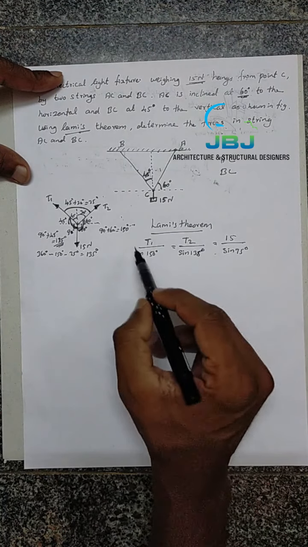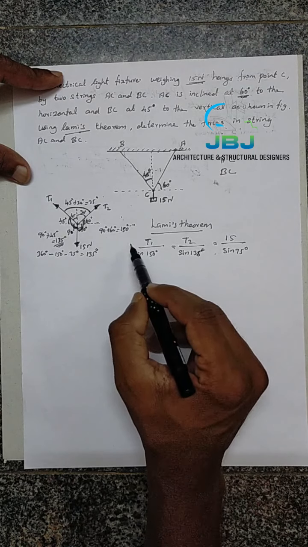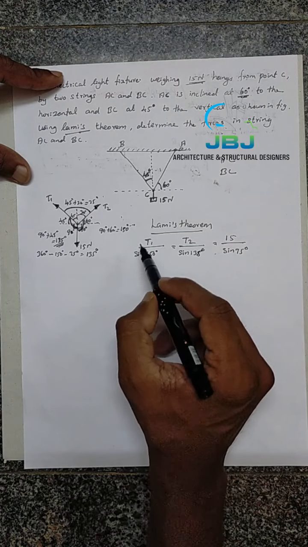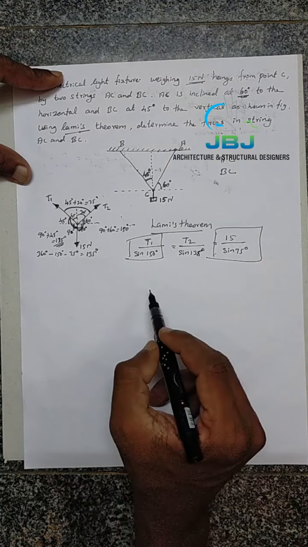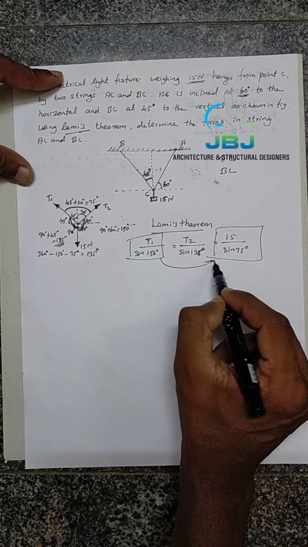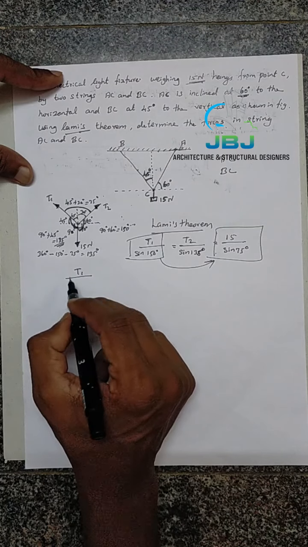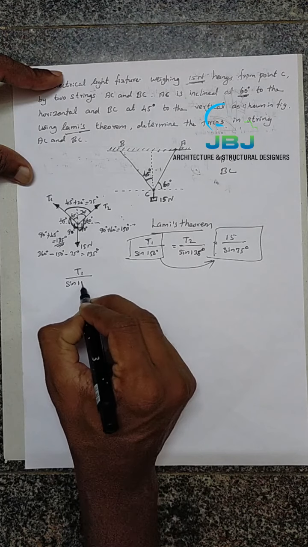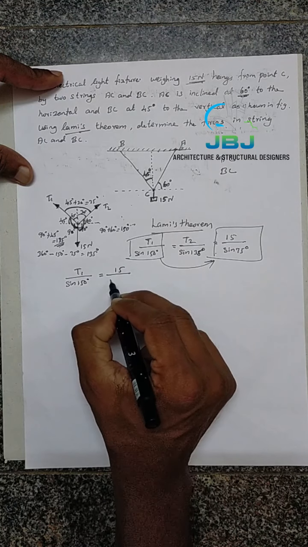Okay, then take any two terms. There are three terms here, right? First of all, take any two terms, one unknown value and one known value. So first of all, take these two terms. It is better to write again here, otherwise you may get confused when you calculate this equation.